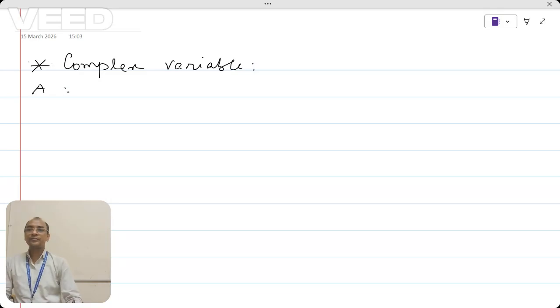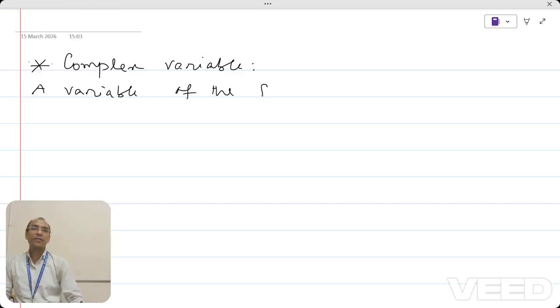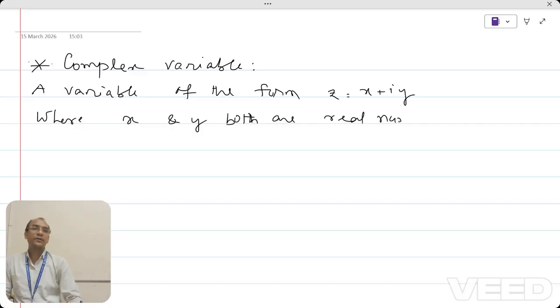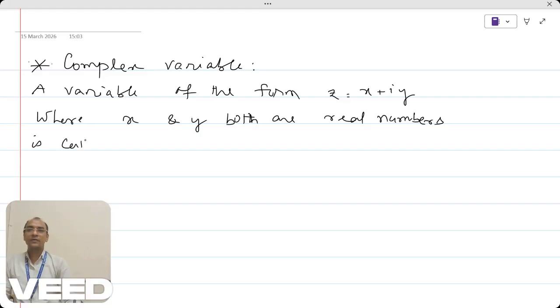A variable of the form z equal to x plus iy, where x and y both are real numbers, is called a complex variable.